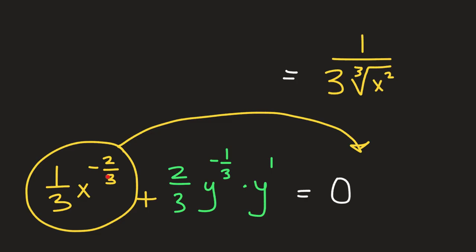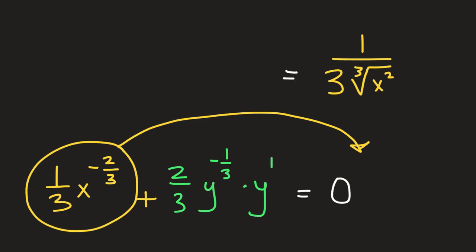Your denominator in your fractional power becomes your radical, so it's the 3rd root, and your numerator becomes your exponent. So 1/3 of x to the negative 2/3 simplifies to 1/3 times the 3rd root of x squared.